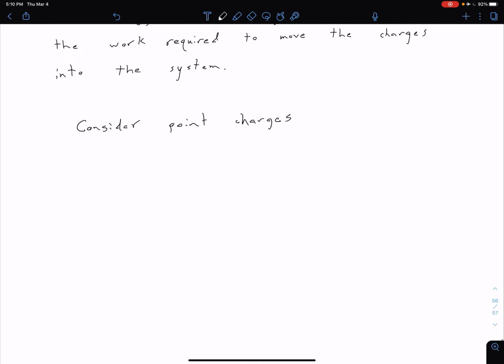Let's start by looking at a system of a few point charges, bringing 3 point charges from infinity to 3 points. So bringing Q1, Q2, and Q3, 3 point charges of whatever value we want them to be, to points P1, P2, and P3 respectively.